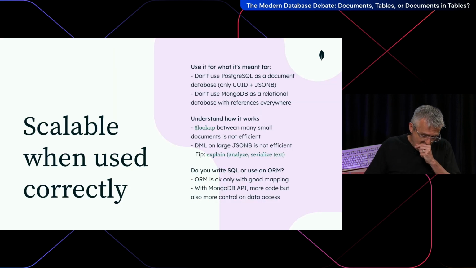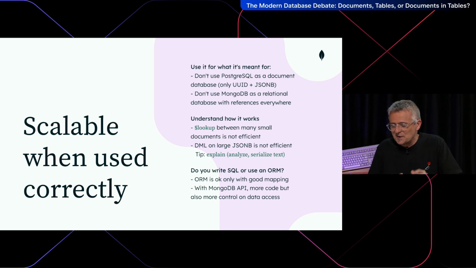And also, a lot of people are asking which database is faster, which one scales the best. So avoid the problem like I mentioned. If you use Postgres just with a UUID and JSONB, then it's probably not a good idea. But also, if you use MongoDB like a relational database with too many references, you will have also problems.